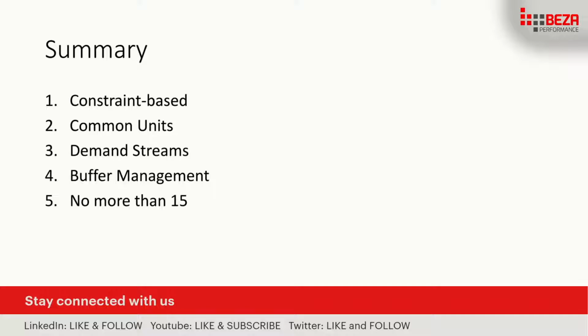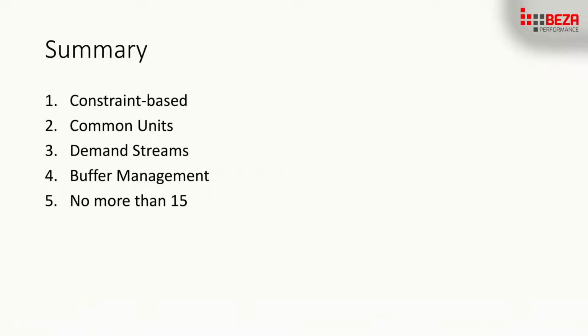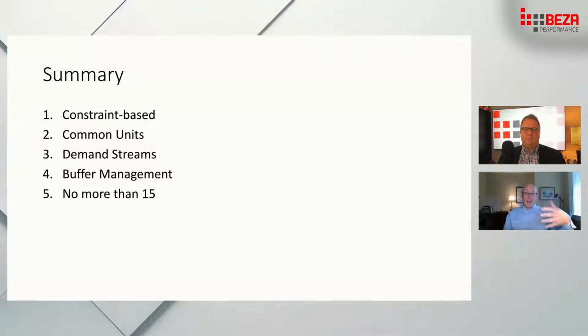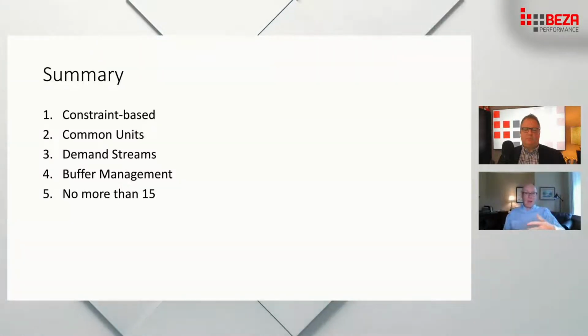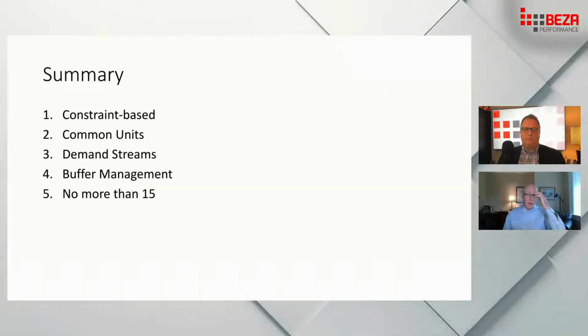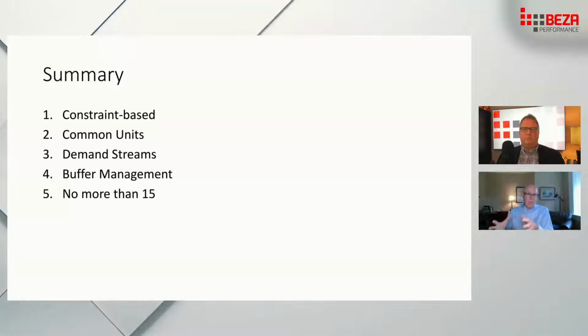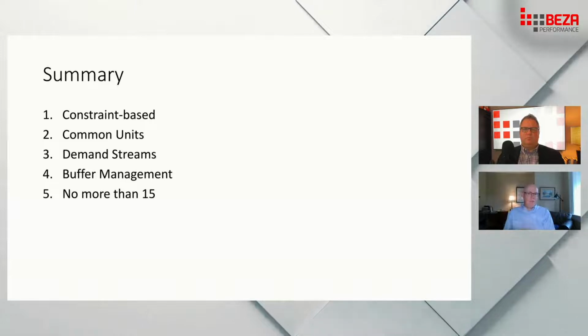The caveat being, don't go crazy with them. Don't try to replicate everything you're doing in demand planning. Use it for accountability. Use it for different go-to-market strategies. The fourth one is really the buffer management, right? I've got to be able to see those buffers, because that is how we set and evaluate our strategy, and is it working? And then really you should have no more than 15 families at the executive level. You could do some more detail in the process leading up, but when you get to that executive family view, really should be no more than 15 families.